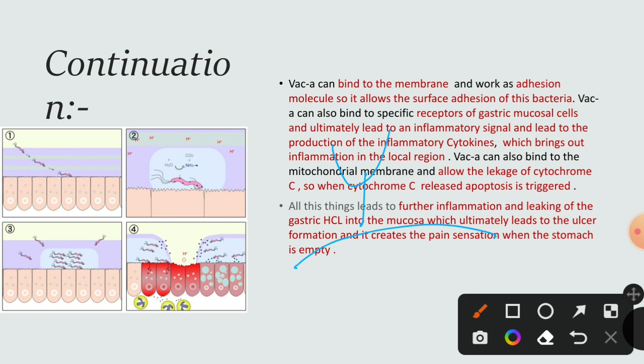Once bound over here, they lead to some inflammatory signals. These inflammatory signals ultimately lead to the production of inflammatory cytokines, which facilitate some inflammation in the localized region.